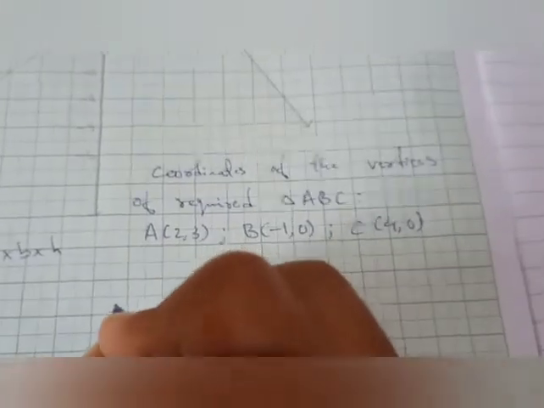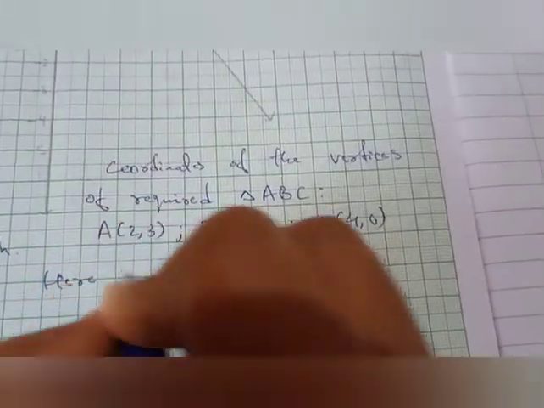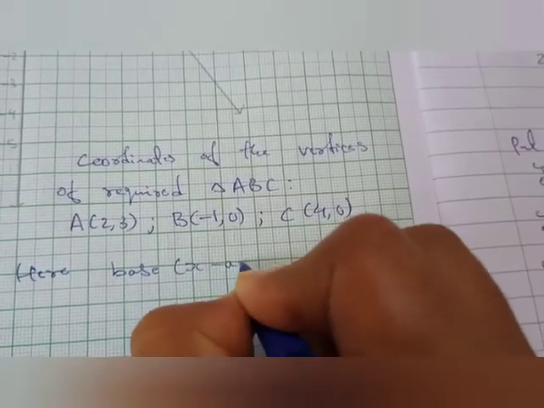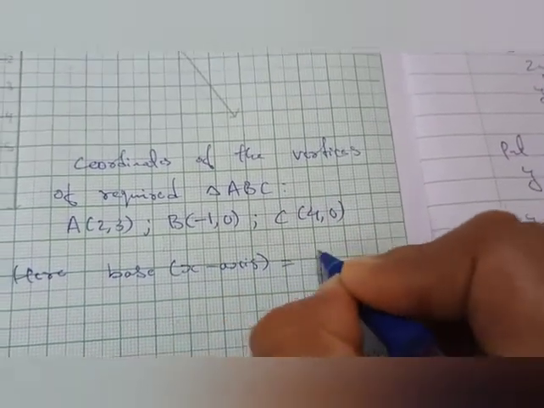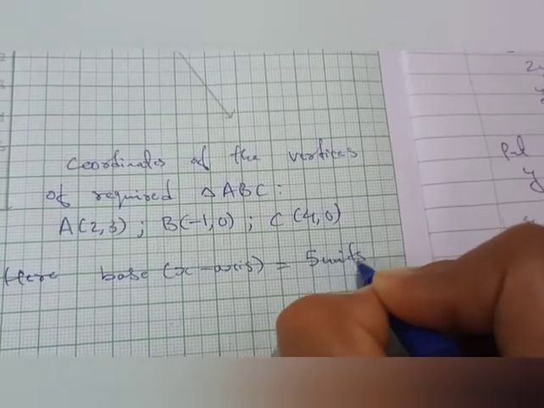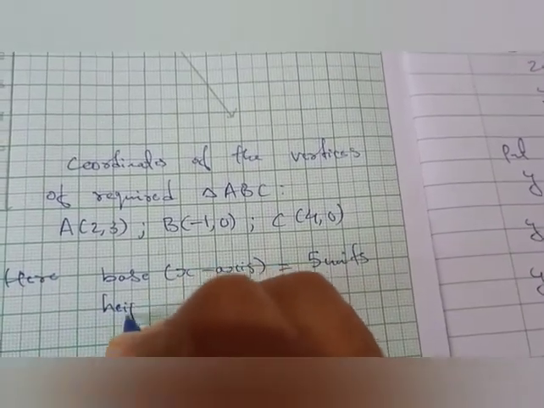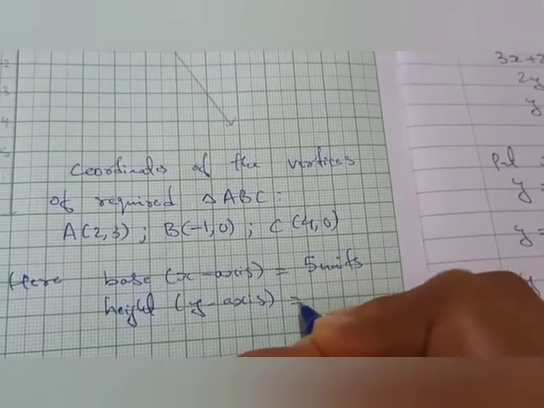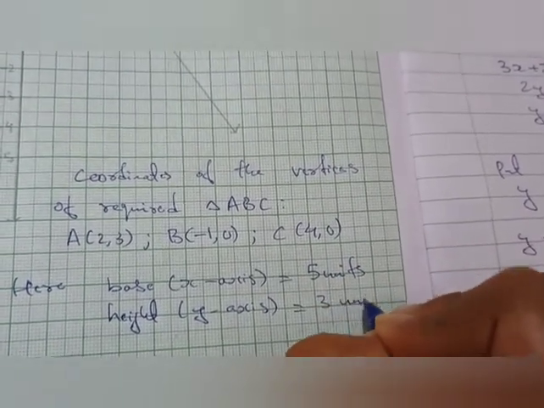So let's write here: base, which we have derived from the x-axis, is 5 units, and height, which we have derived from the y-axis, is 3 units.